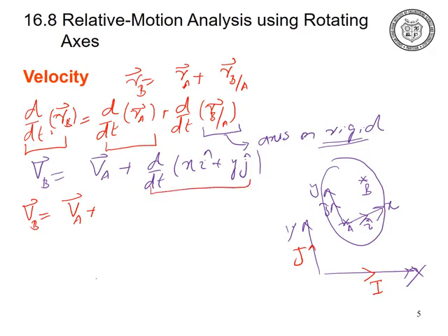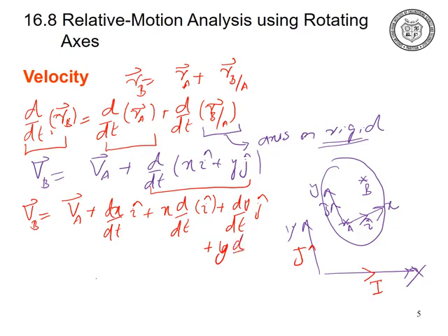So it becomes dx by dt times i plus x times d by dt of the i unit vector, similarly plus dy by dt times j plus y times d by dt of the j unit vector.